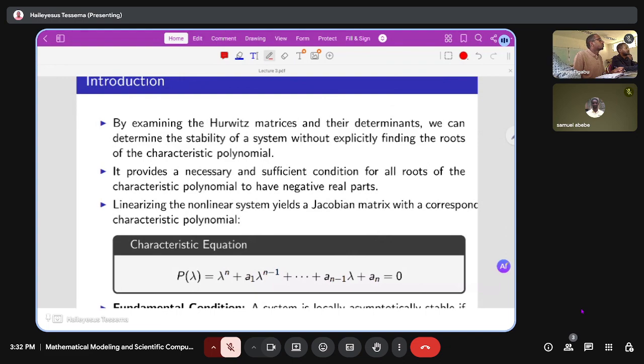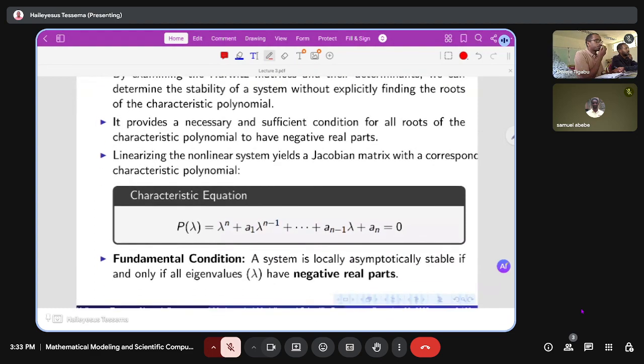That matrix is a matrix of constants, and then we can find the eigenvalues for that corresponding matrix. The eigenvalues are obtained from the characteristic polynomial, and assume that we have an n by n system of differential equations, so the characteristic equation has a polynomial of degree n of the form like this one.